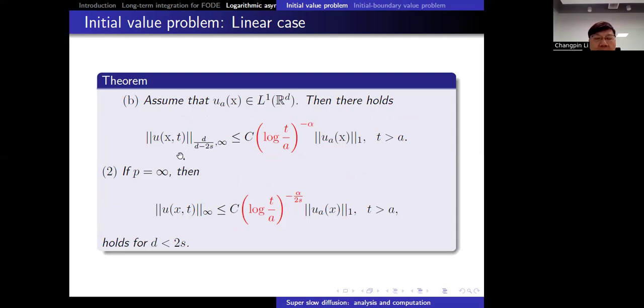This is a norm in the weak form, so such a norm is the weak norm. If p equals infinity, we have this estimate. So from this, we can see that the solution has a logarithmic asymptotics.